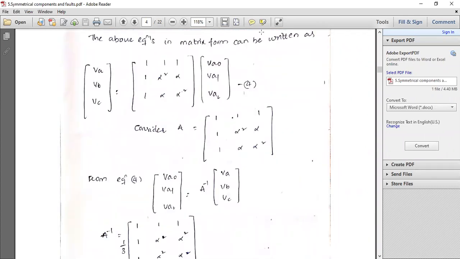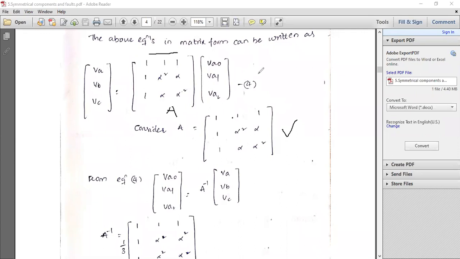Now, here the first 3 by 3 matrix, I am considering it as A. Please try to observe how I am going to write down all these equations. This can be completely obtained from the above equations. So VA will be in matrix form like this.